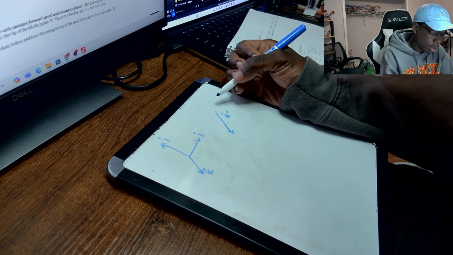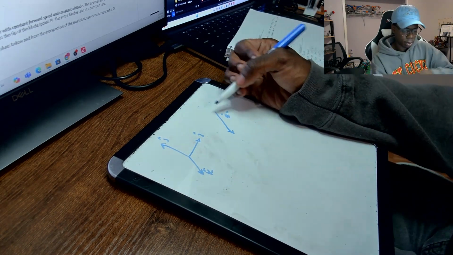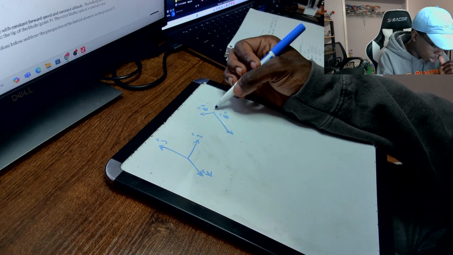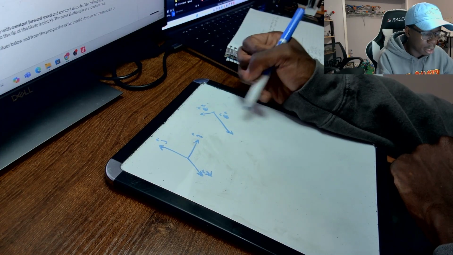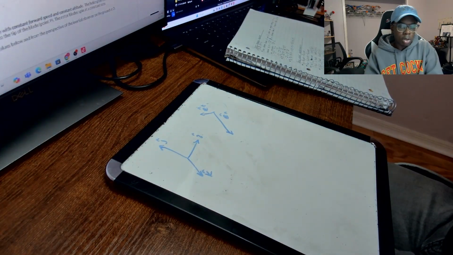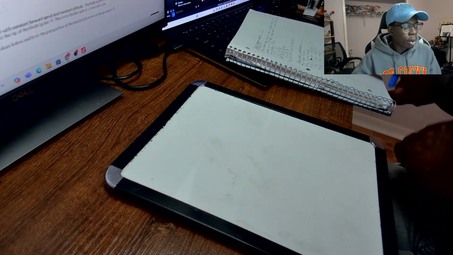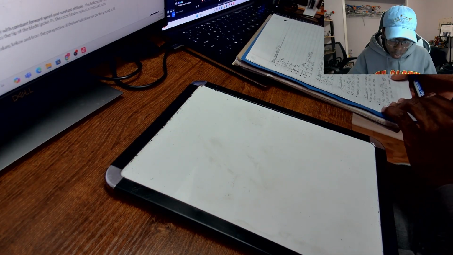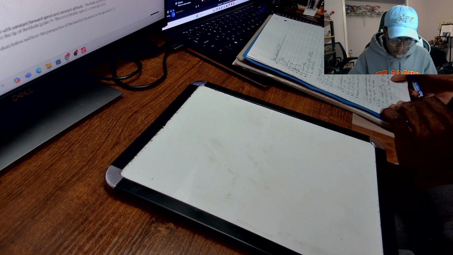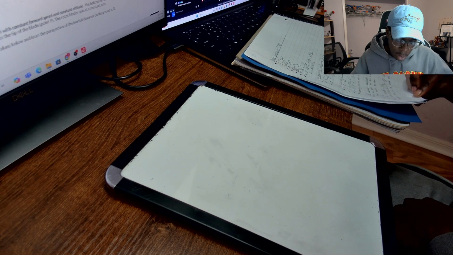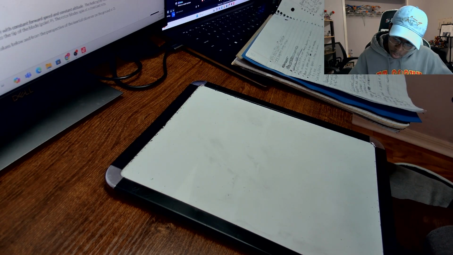So I'll have en, I'll have et, it's accelerating that way, and then I'll have one out of the board that's like ek or something like that. So those are the vectors I'm going to be using. And so, right, we do have angular acceleration or angular velocity that we can get. So let's go ahead and get that.